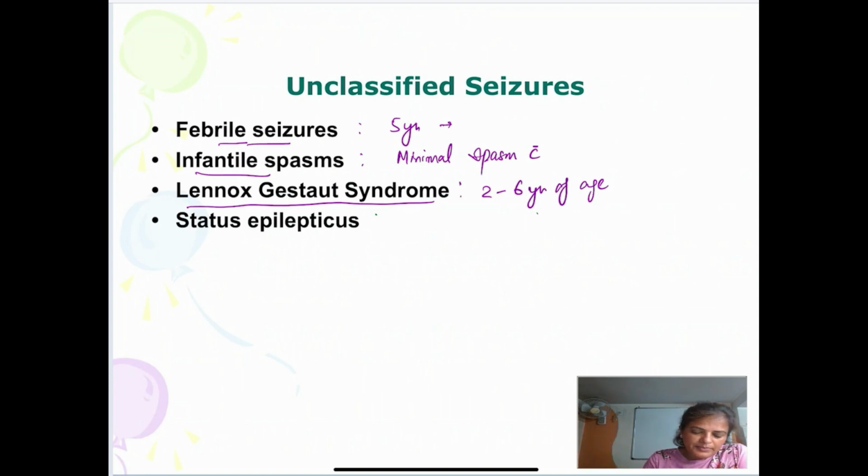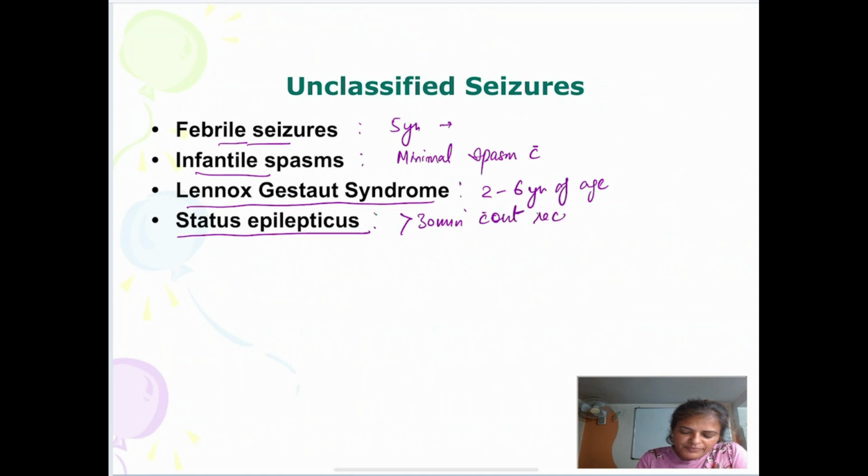Then status epilepticus. Status epilepticus is when there is a seizure but no recovery, if the seizure happens for more than 30 minutes without any recovery. That is status epilepticus, and this is an emergency.